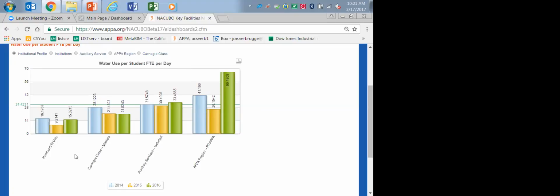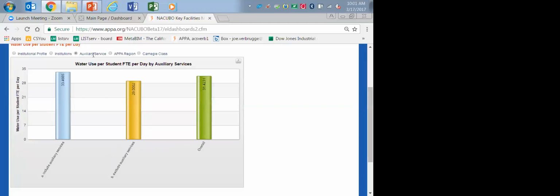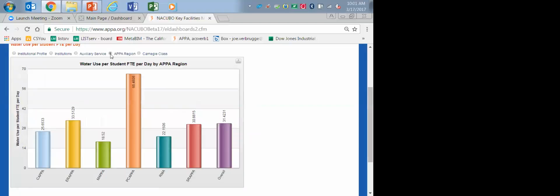Why don't you look at those buttons at the top? So this is the slide that's in the PowerPoint, looking at the institutions and looking at the different levels. Maybe the APPA region. Yeah, APPA region. So those are the various APPA regions across the country, and then an overall to the far right.